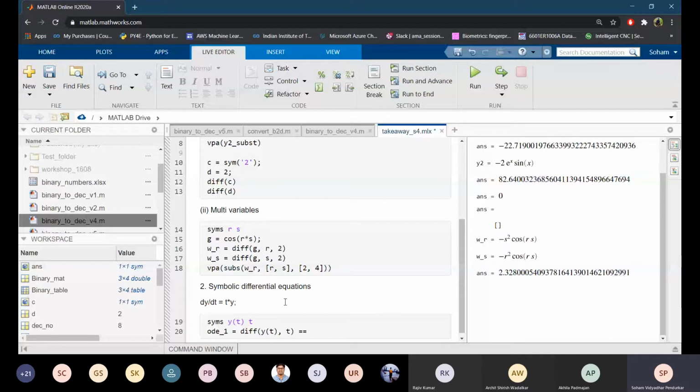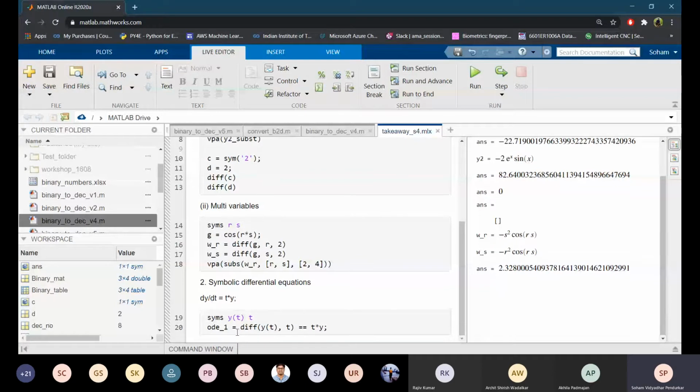Even if you see an assignment operation here and a logical equal comparison operator here, this is the syntax defined by MATLAB while solving symbolic equations. Whenever you're using diff, you have to specify the RHS. So this is RHS and this is the LHS.